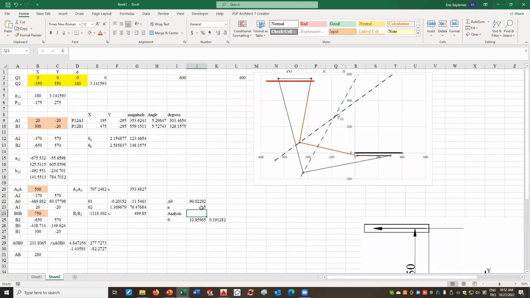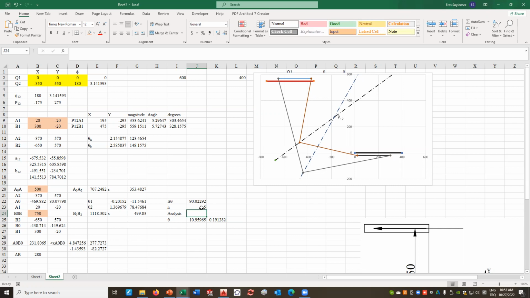I have to rotate this A0A vector by a certain amount. Now I know the initial crank angle A0A and the amount of angular rotation theta. Now I can determine A0A.